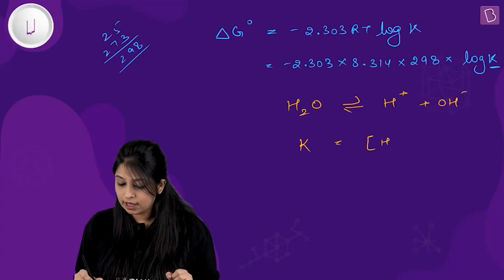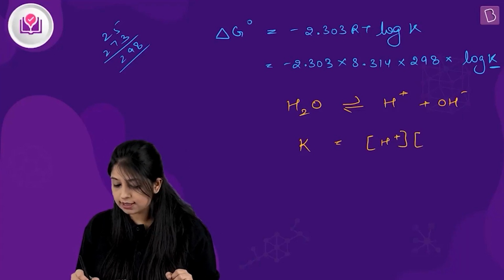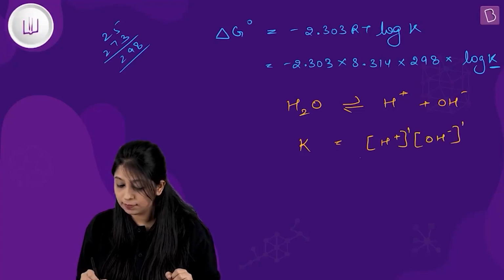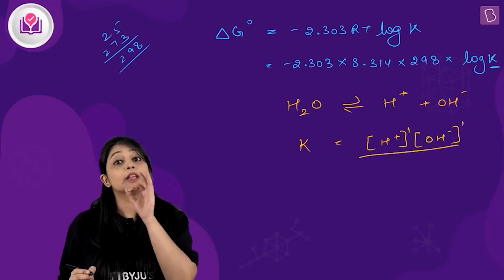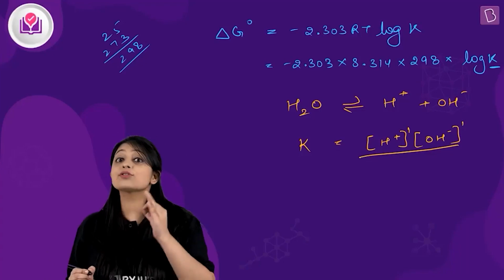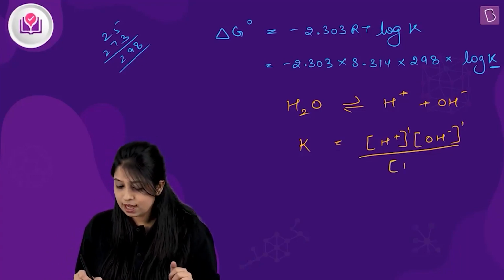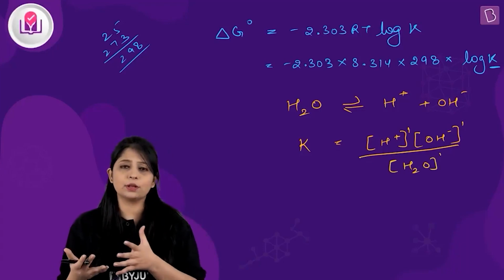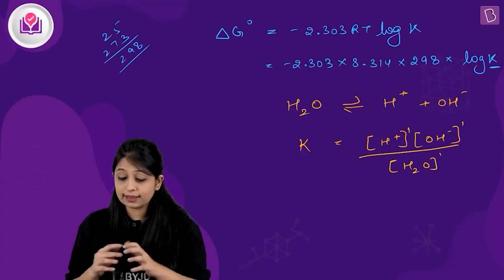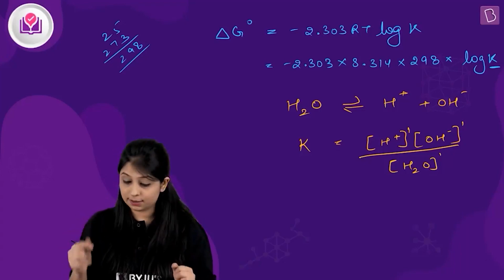So here it will be the concentration of H plus ions into the concentration of OH minus ions, raised to the power 1, divided by the product of the concentrations of the reactants raised to the power of their stoichiometric coefficients. So this will be the concentration of H2O raised to the power 1, because the coefficient is 1, and this is at 25 degrees Celsius.